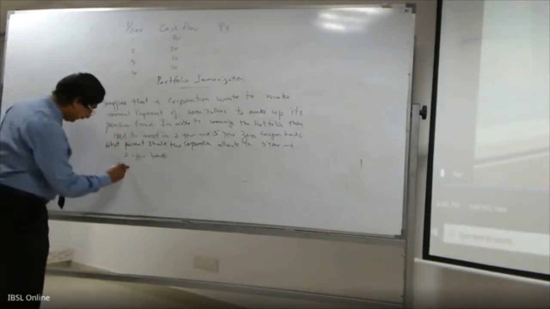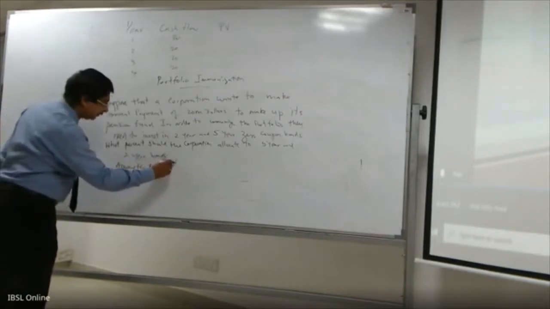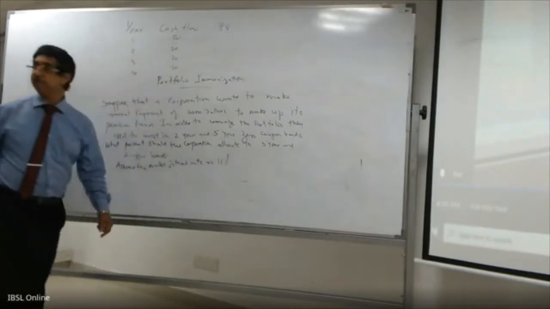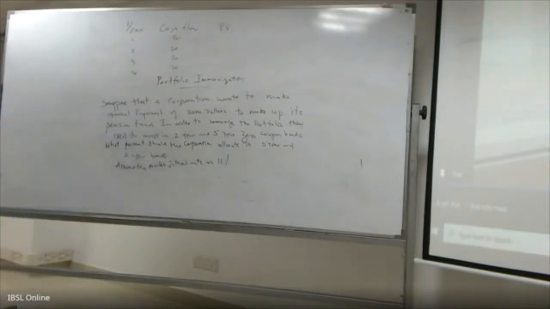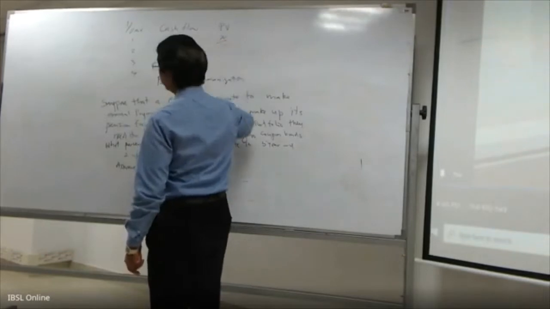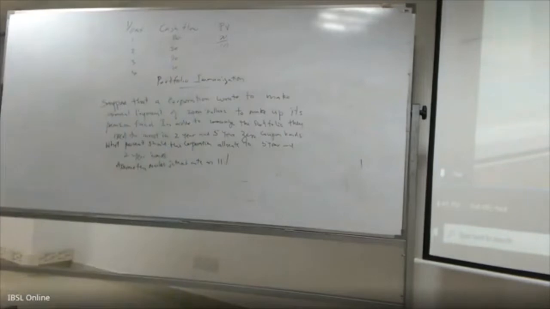Assume the market interest rate is 11%, because that gives us the discount. So tell me the present value of this 20 cash flow. 20 divided by 1.11 is the present value of that cash flow. What is the second one? 20 divided by 1.11 to the power 2.